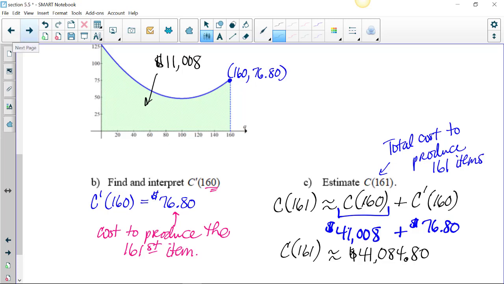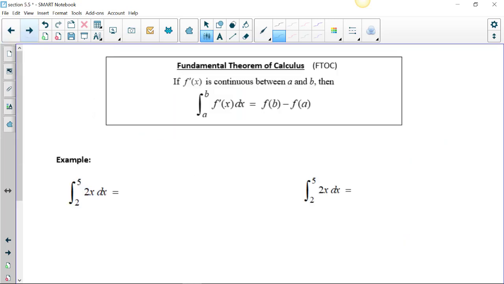But this whole idea of finding total change in cost by using the marginal cost function is an application of what we call the fundamental theorem of calculus. There's actually a fundamental theorem of arithmetic, which says every number can be written as a product of unique prime numbers.